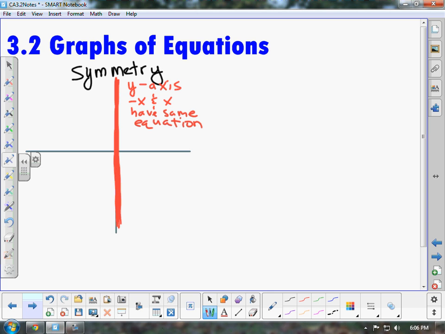If you were talking x-axis symmetry, then the opposite of y and y have the same value or same equation.